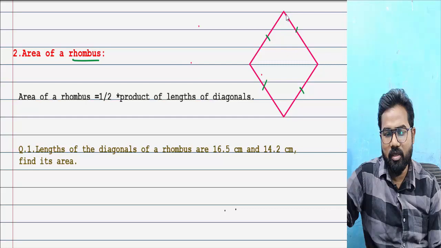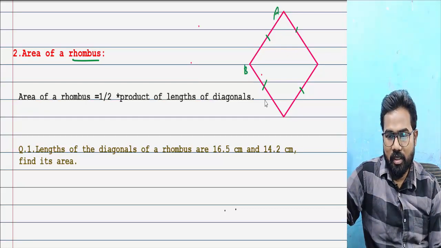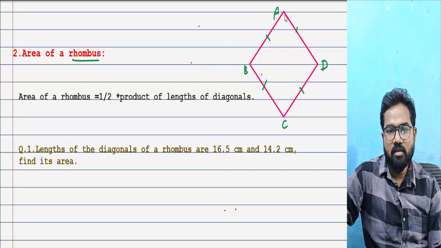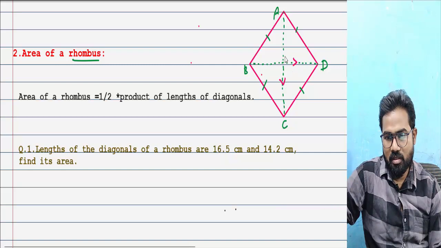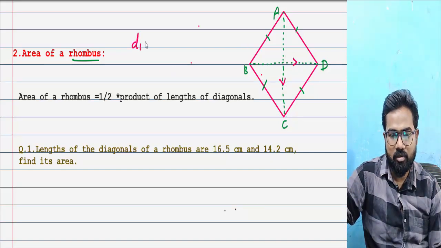So in a rhombus, to find out the area of a rhombus, let us draw the diagonals. Suppose these are the vertices of the rhombus A, B, C and D. Let us join the vertices by using dotted lines. Now these AC and BD, you can see over here, are known as the diagonals.